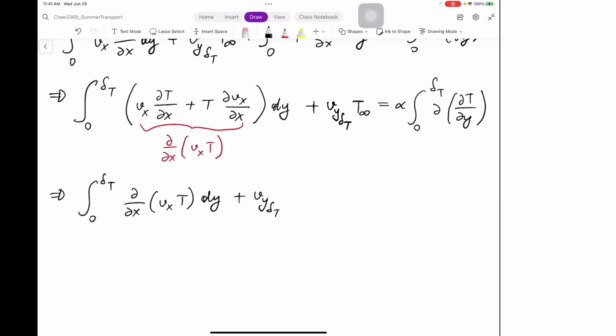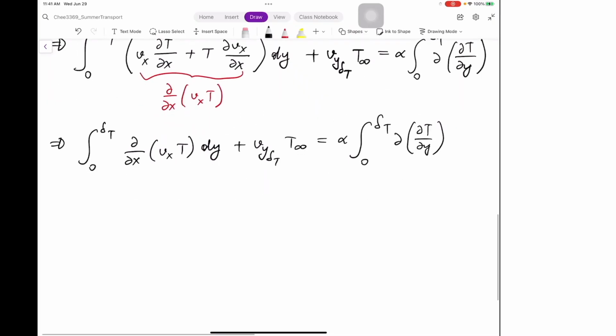Vy delta t infinity is equal to alpha. Now, let's write down this Vy delta t. Let's elaborate on that.